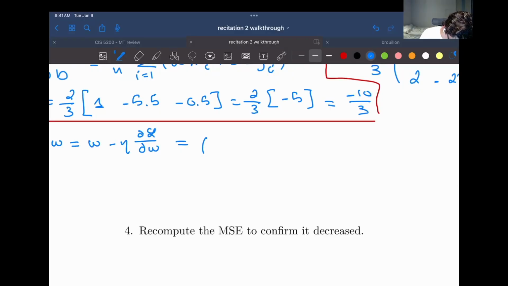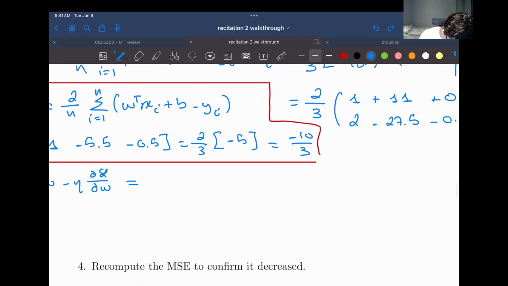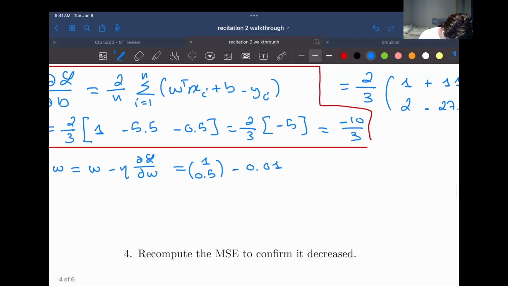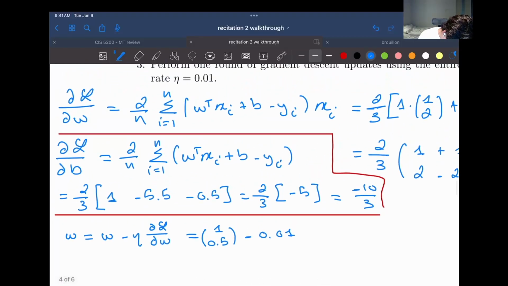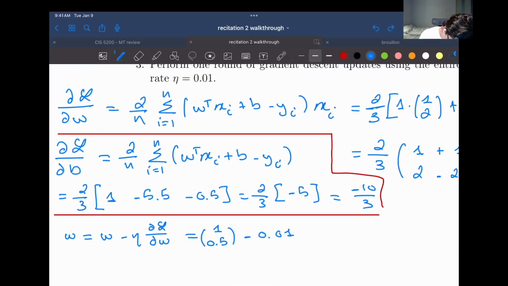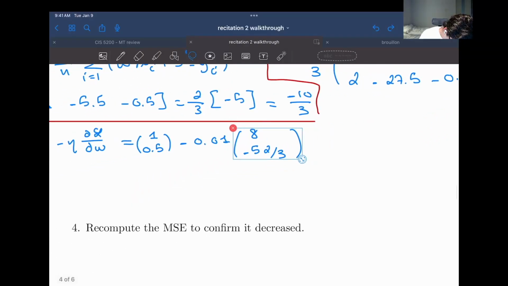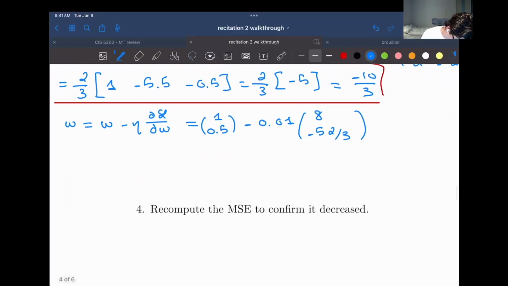I hope I don't mess up the dimensions here. 0.5 minus 0.01, and partial L partial W is this. What did we get again? This guy here.